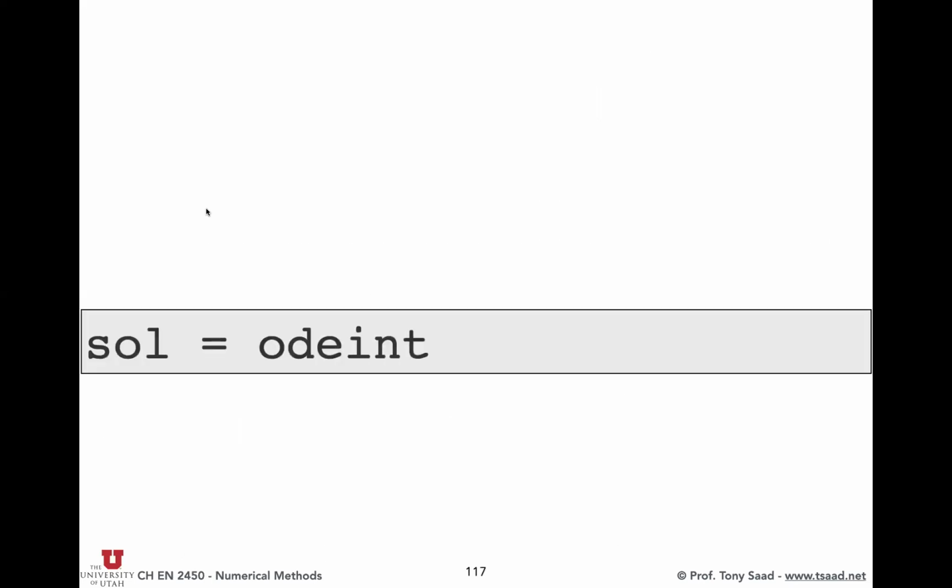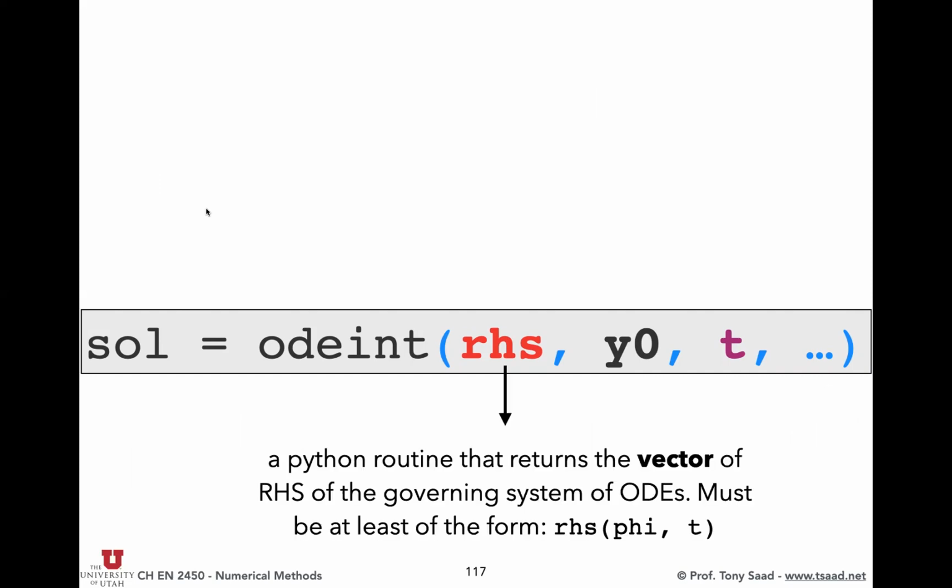All right. So let's see how ODE_int looks like. The way I like to write it is solution equal ODE_int. The minimum set of arguments you need to pass to ODE_int are these three arguments: right-hand side, y naught, and t. Now, right-hand side, just like for a single equation, is a Python routine that must return a vector of right-hand sides of the governing system of ODEs.